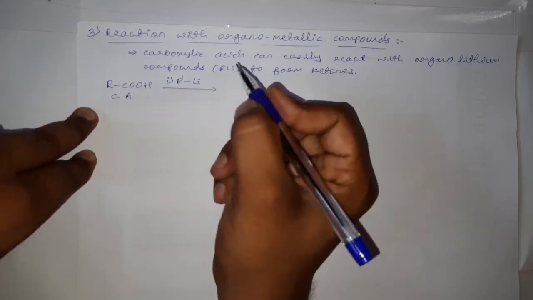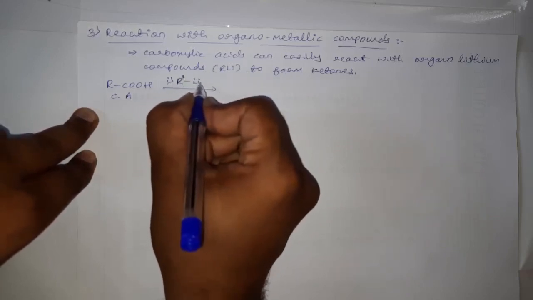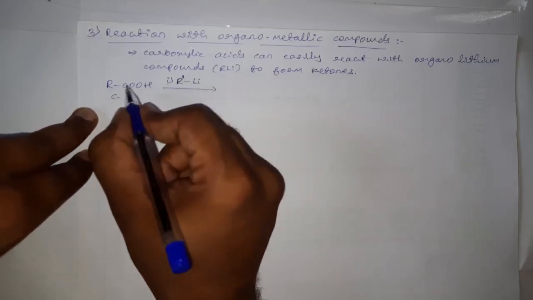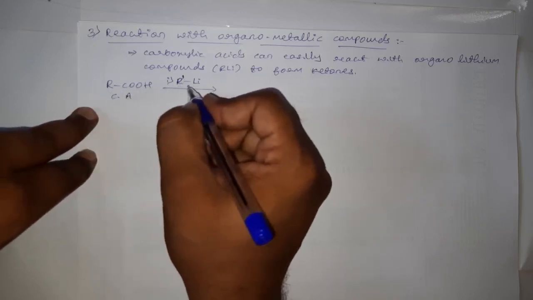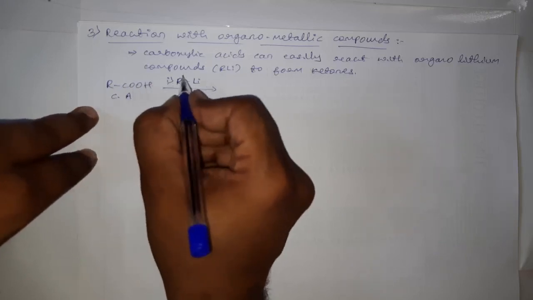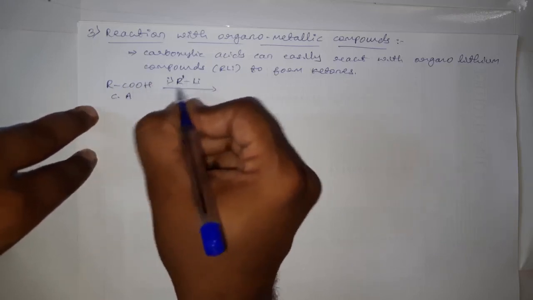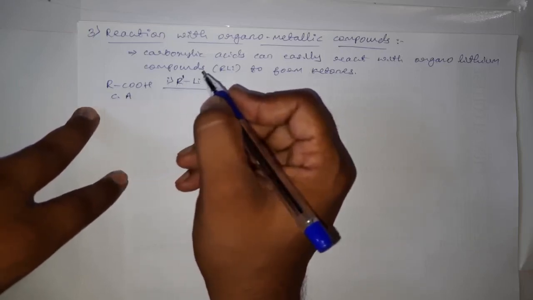organolithium compounds, here I am writing R dash Li. I am writing R dash to differentiate between this R and this R. These two R's may be the same or different, but for our convenience I am writing R dash Li. This is the general formula for an organolithium compound.